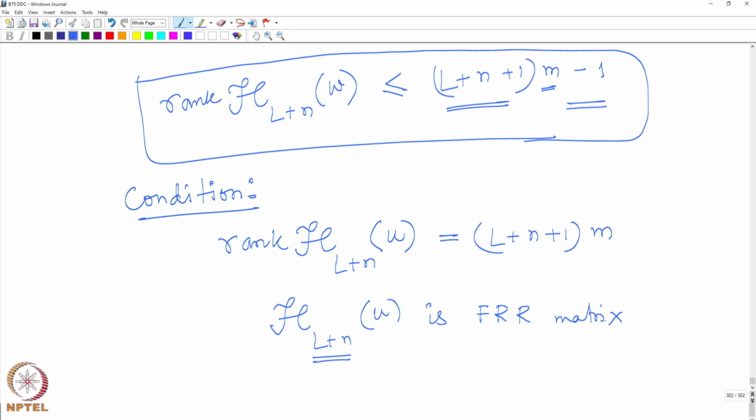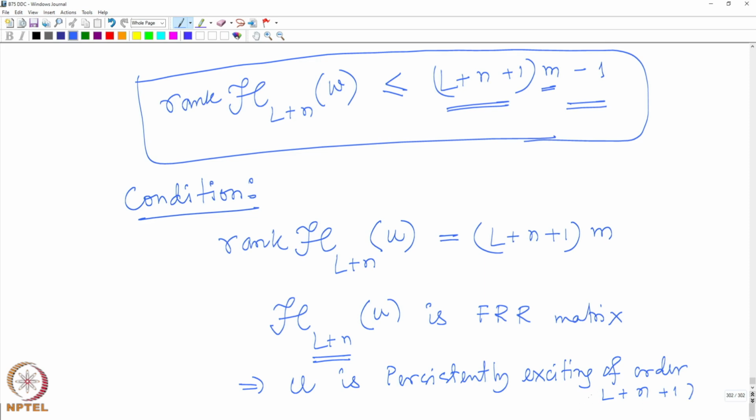When this happens, I say the input signal U, which is a finite time series, is persistently exciting of order L+N+1, the number of blocks that are there.